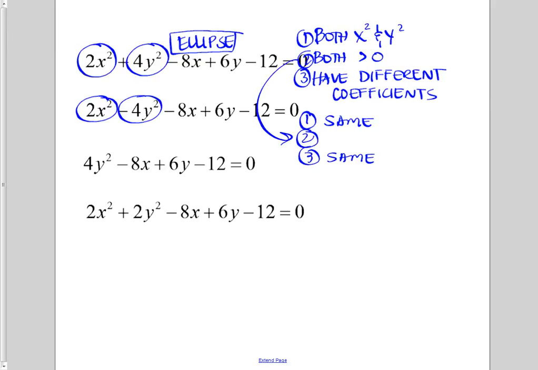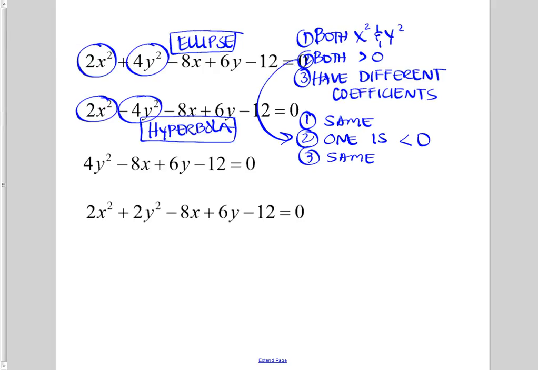In this one, either the x or the y, but one of them is negative. One of them is less than 0. So this is what tells me that this one is a hyperbola. So those two are very similar. It's just the only difference you're looking for is this one value negative versus both of them being positive.